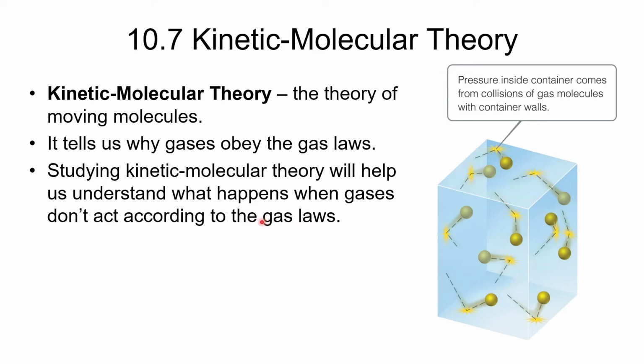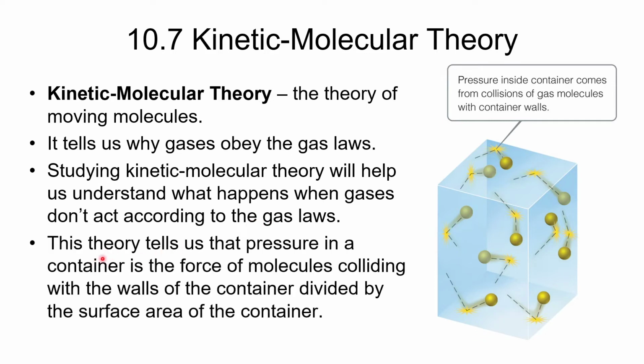So first of all, we're going to look at the tenets of kinetic molecular theory. This theory tells us that the pressure in a container is the force of the molecules colliding with the walls of the container divided by the surface area. If you look over here, you'll see a picture of molecules. The molecules are running into the wall. Every time a molecule runs into a surface, it exerts a force on that wall.